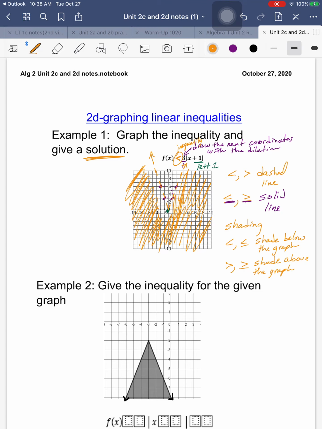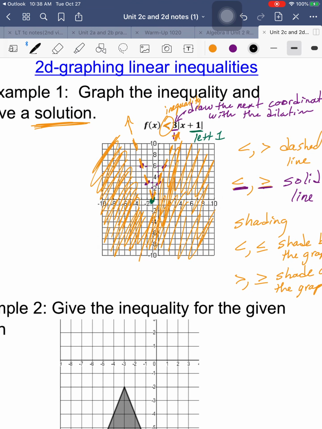So a solution is anywhere in the shaded area, and because it's a dashed line means it's not equal to that. So the graph, we cannot pick a point on the dashed line. So pick a point anywhere you want. Let's see here. I'm going to go far away from the line. 6, what is that? 6, -5.